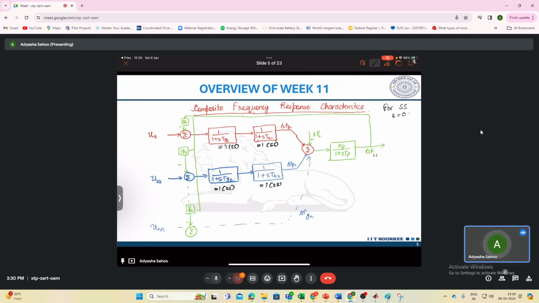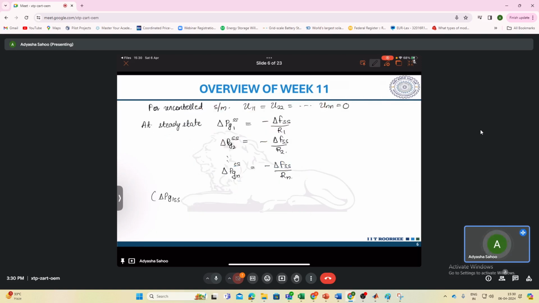So you can see it here, right? So plus delta Pg2 ss plus delta Pgn ss minus delta PL into Kp is equal to delta F steady state.